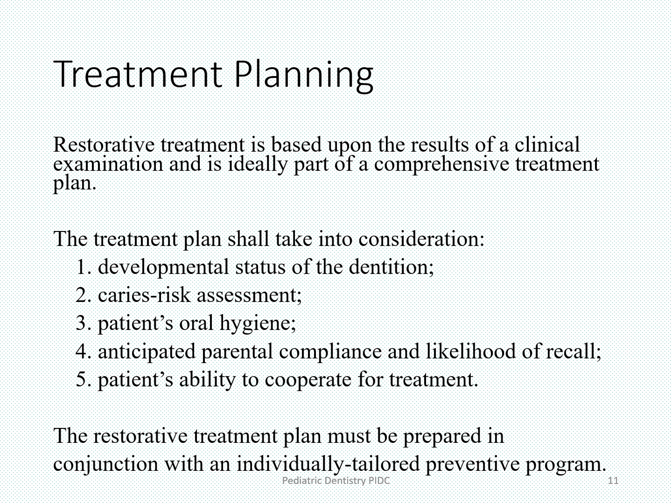So the treatment plan should take into consideration the developmental status of the dentition, the caries risk assessment, the patient's oral hygiene, anticipated parental compliance and likelihood of recall, and the patient's ability to cooperate for the treatment.